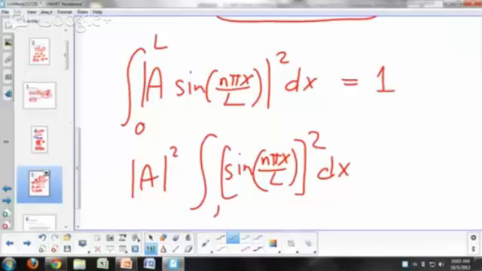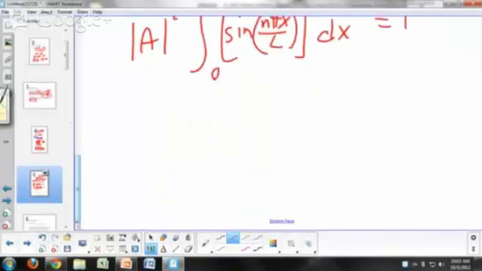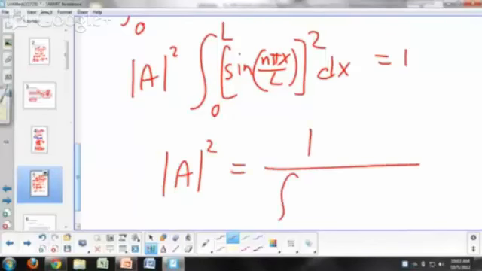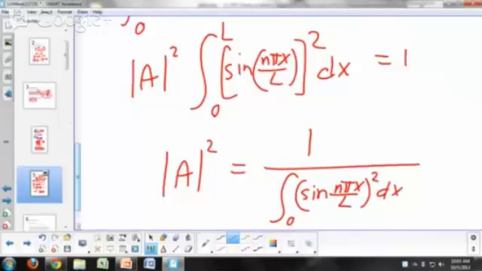It's your typical normalization problem. And so the absolute value of A squared is 1 over the integral of sine squared n pi x over L dx from 0 to L.